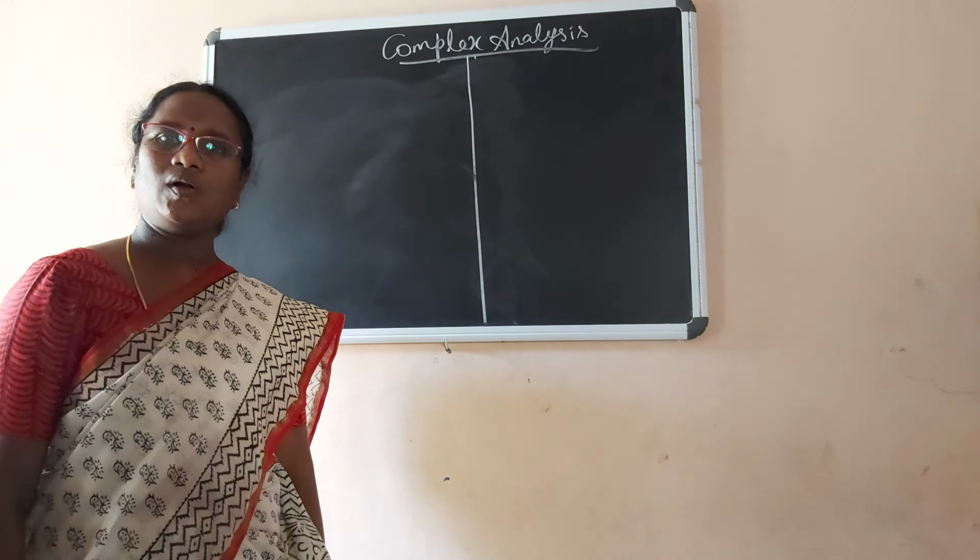This complex number z is equal to x plus iy. This x is called the real part and y is called the imaginary part, and we write x is equal to real z and y is equal to imaginary z. If x is equal to 0, then the complex number z is purely imaginary.